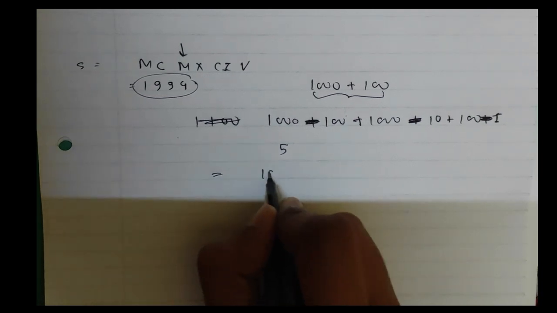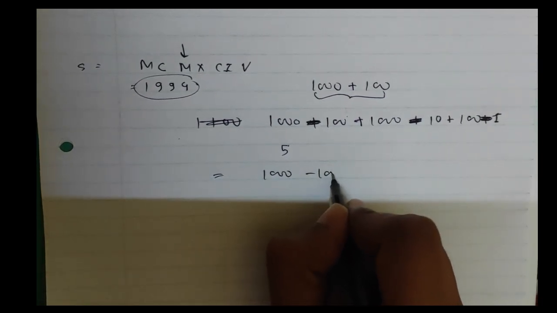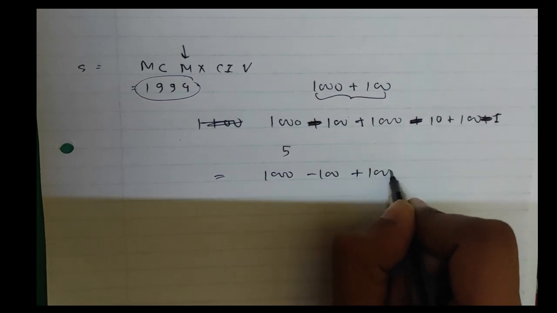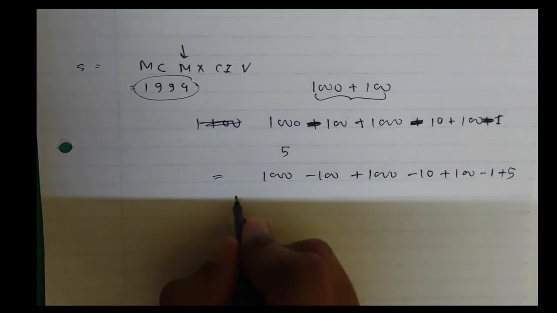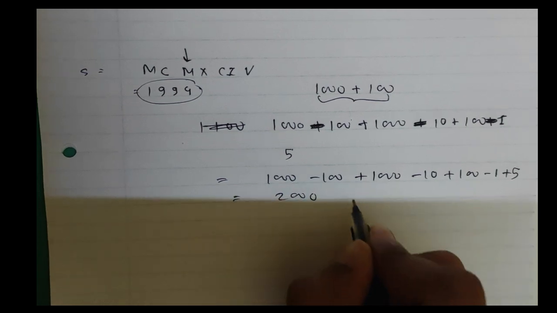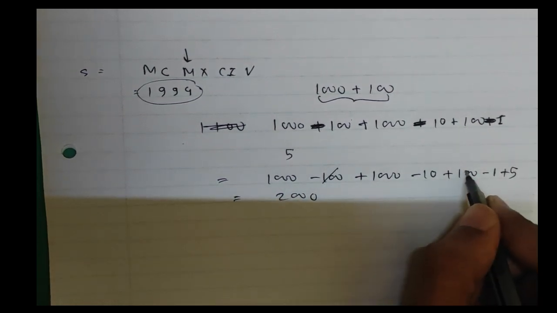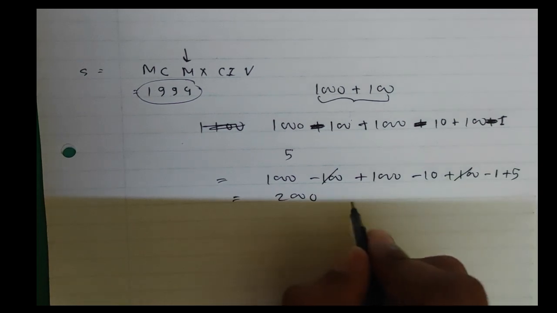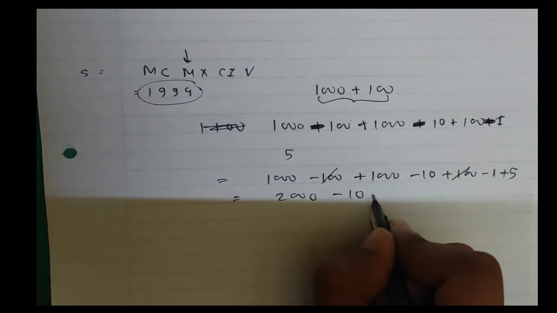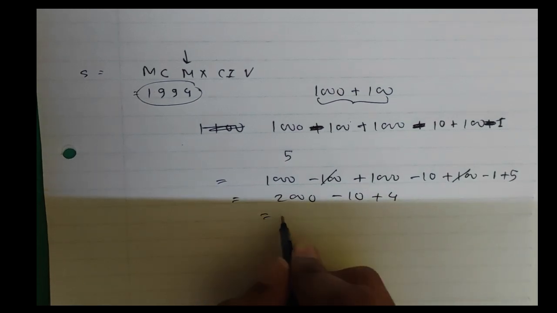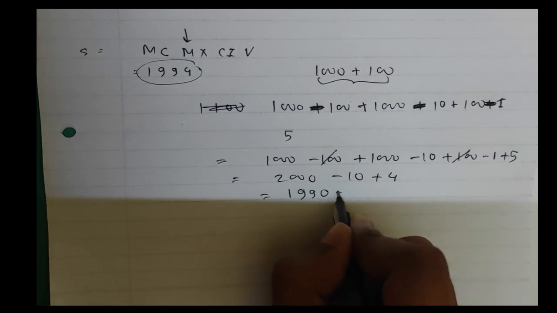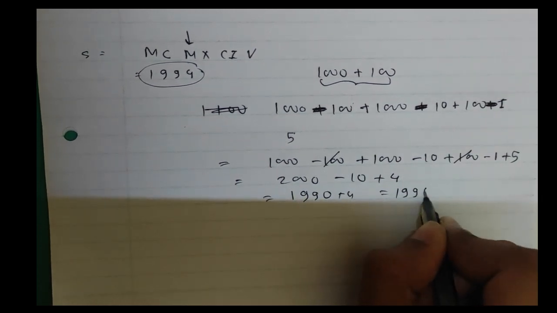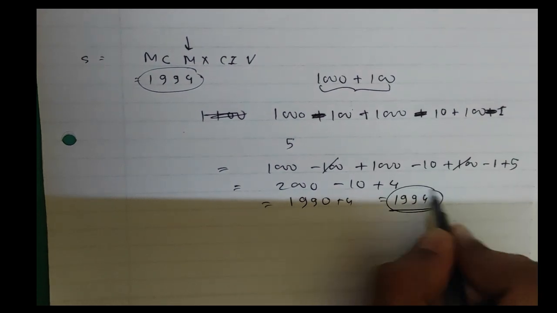So the overall answer is 1000 minus 100, then 1000 minus 10 plus 100 minus 1 plus 5. This is our answer.